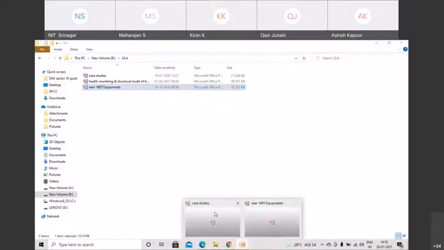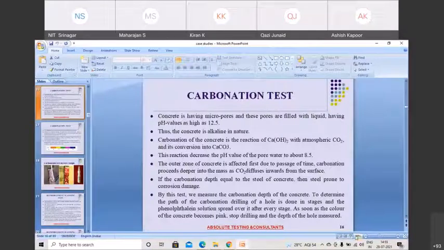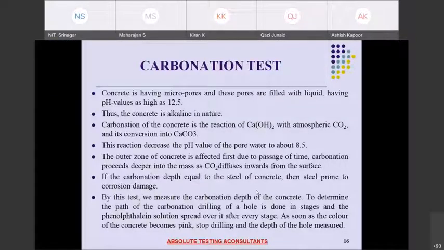Coming to our basics. After conducting the ultrasonic pulse velocity test, we get to know the present quality of the concrete. So what is the method of doing the test using ultrasonic pulse velocity?